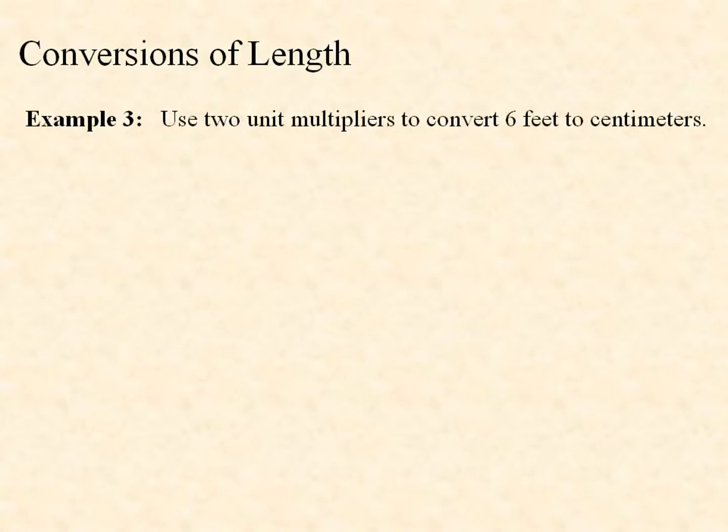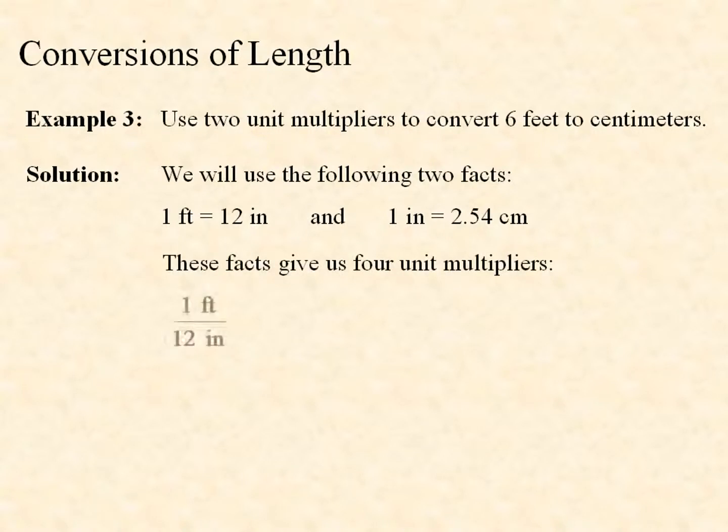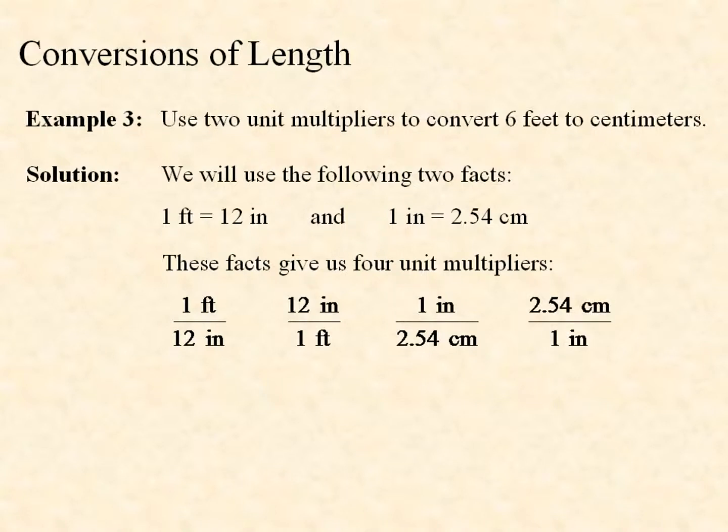Example 3. Use two unit multipliers to convert 6 feet to centimeters. We will use the following two facts. 1 foot is 12 inches and 1 inch is 2.54 centimeters. These facts give us four unit multipliers: 1 foot over 12 inches, 12 inches over 1 foot, 1 inch over 2.54 centimeters, and 2.54 centimeters over 1 inch.